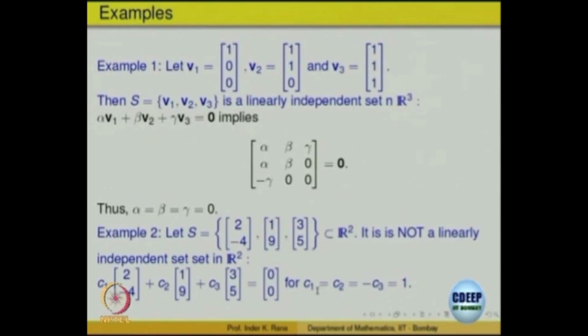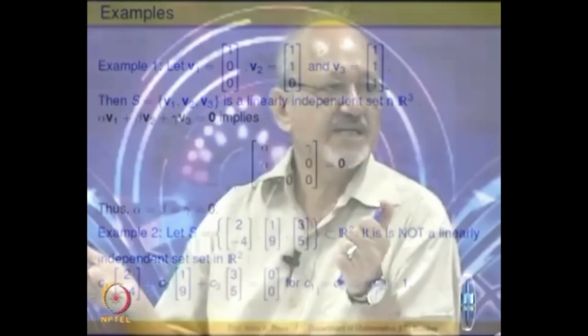But that is a general result, and it is quite useful later on: if you are given a set of vectors, first see the components and the number of vectors. It may be obviously linearly dependent if the number of vectors is more than the number of components.